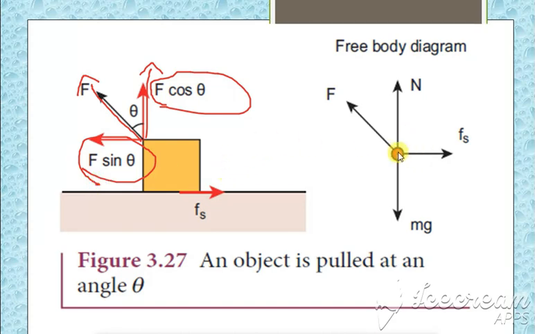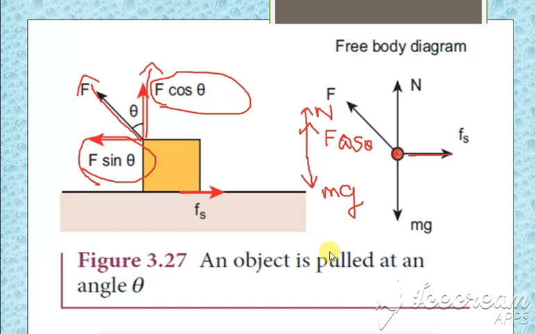Now same way this is the object. Here is a static friction, and here we have the force, and upward normal force and downward mg. Okay, so I am writing this only for y components. So n, mg, and along the same direction we have f cos theta இல்லையா.